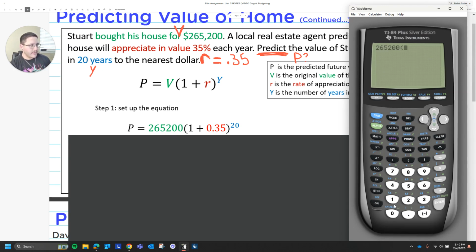265,200, parentheses, 1 plus 0.35, close parentheses, and then get the exponent if you're using the TI-84 by using this caret symbol, so raising it to the 20th power. And we get, I believe, $107,213,355.80.